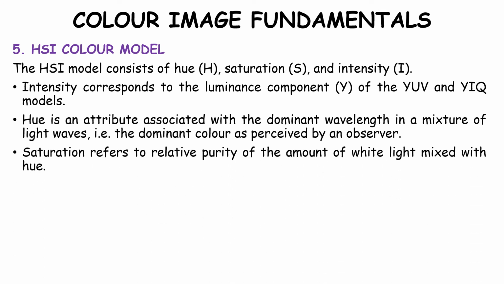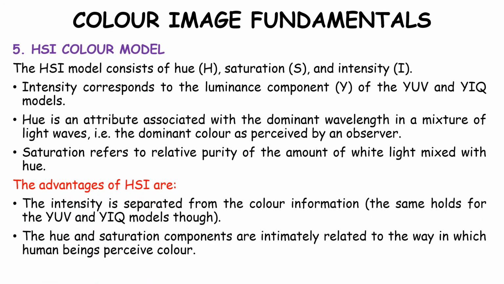Saturation refers to the relative purity, or the amount of white light mixed with the hue. The advantage of HSI is that the intensity is separated from the color information, the same as for both YUV and YIQ models. The hue and saturation components are intimately related to the way in which human beings perceive color.